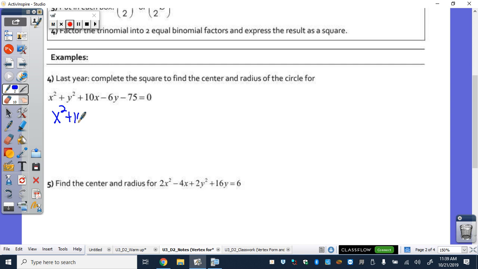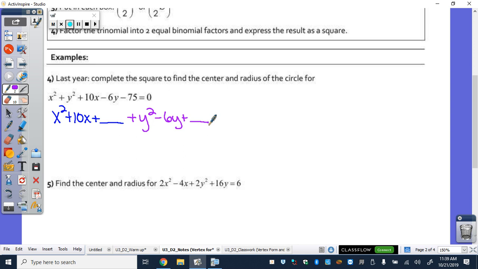So we want to get the x's together first. I'm going to start with my x squared, move my 10x over with it and then put my plus a space. So all of my x's are there. And then we want to get all the y's together.